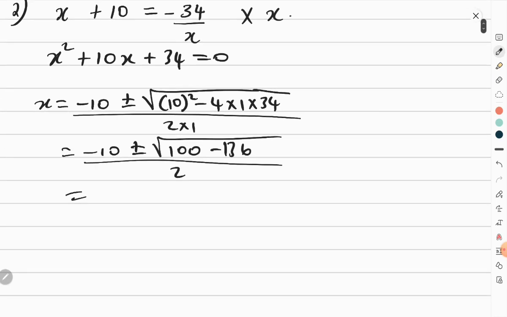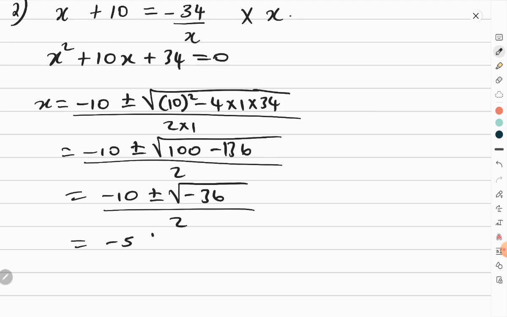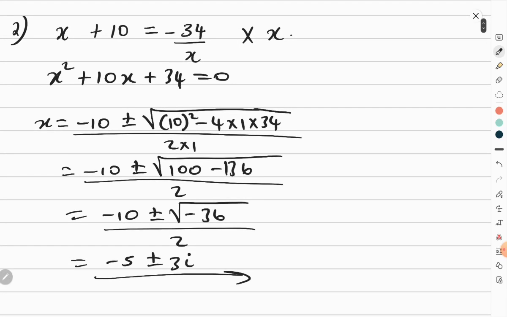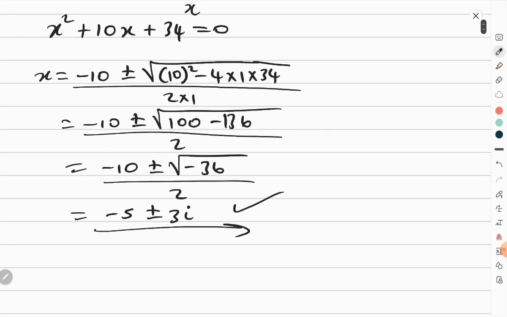So we have negative 10 plus or minus the square root of negative 36, over 2. So we have negative 10 divided by 2, which is negative 5, plus or minus. The square root of 36 is just 6, but it's going to be 6i divided by 2. That is going to be 3i. So these are the solutions for this second equation, and they are also imaginary.